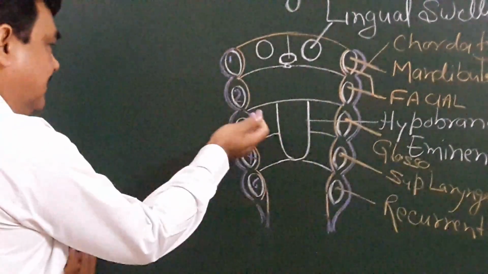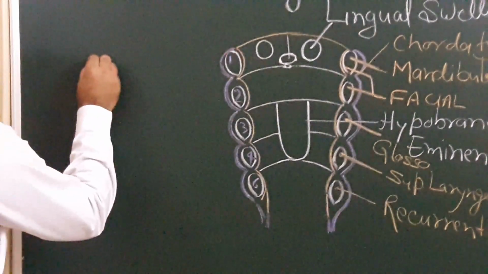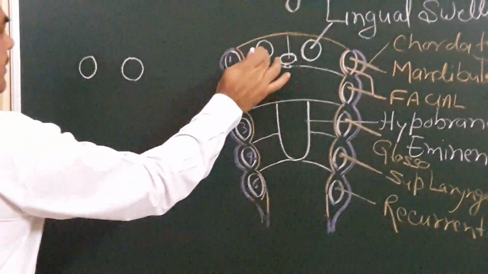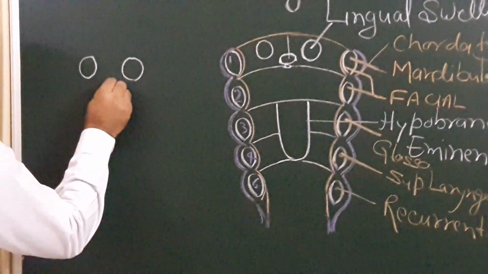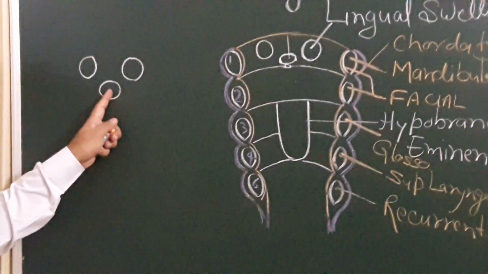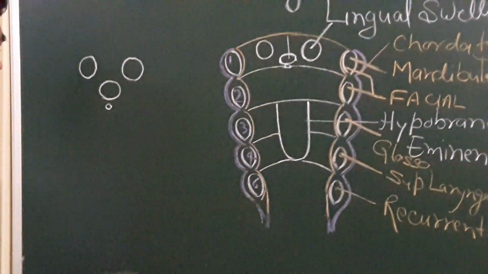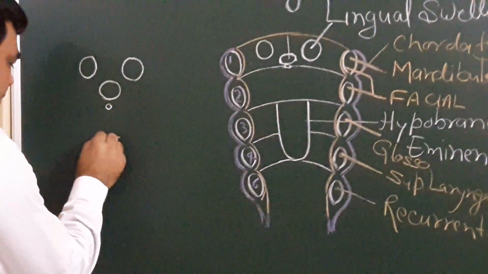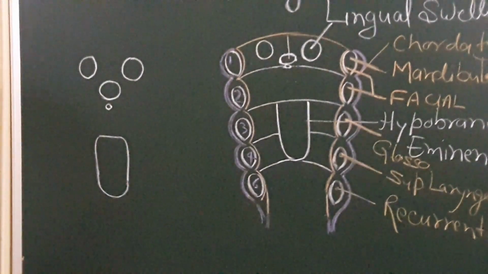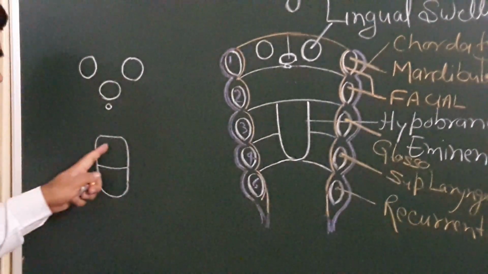If you separate these structures from this diagram, you will find these two lingual swellings and the tuberculum impar. Here is the position of the foramen cecum. The hypobranchial eminence is divided into two parts, cranial part and caudal part.